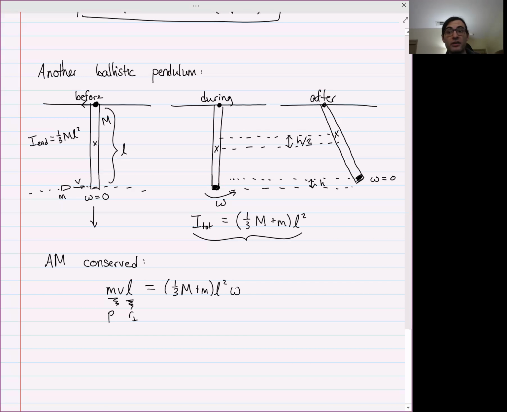That is our angular momentum conservation equation, and we can solve for omega, which is what we want. It's 3m over (M plus 3m) times v over L. That is our initial angular speed after the bullet hits the rod.